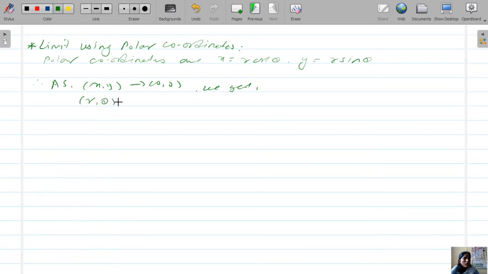So you will get r theta tends to 0, 0. So let us see how to solve these limits using polar coordinates.